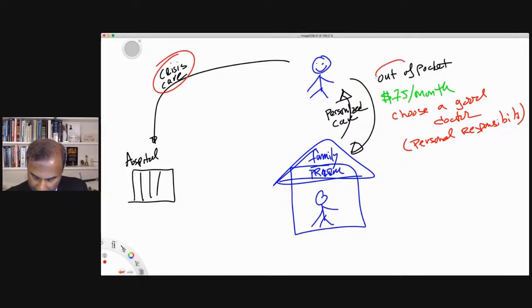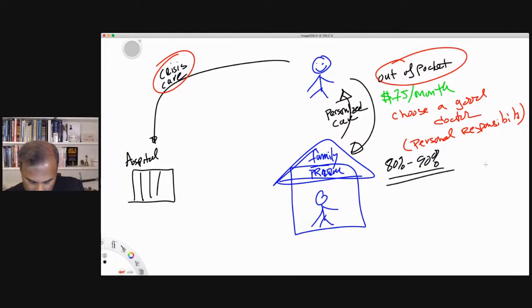This is, by the way, out of pocket, and this is going to be 80% to 90% of your time. 80% of your ailments are going to be handled by your primary care practitioner.